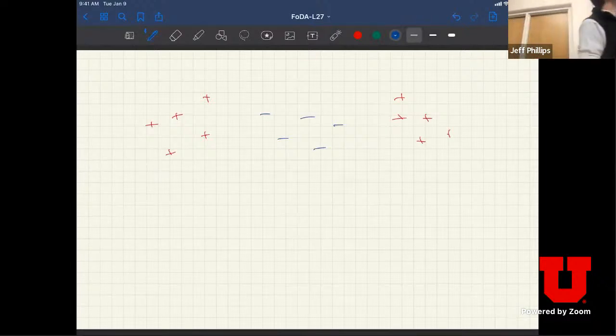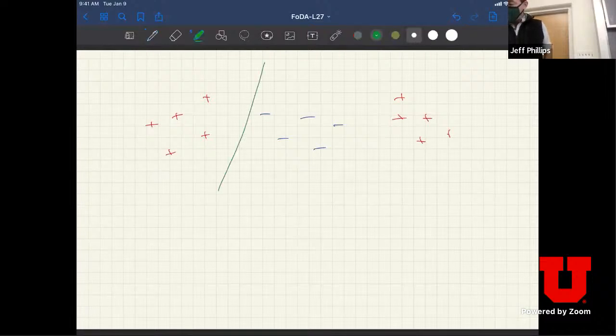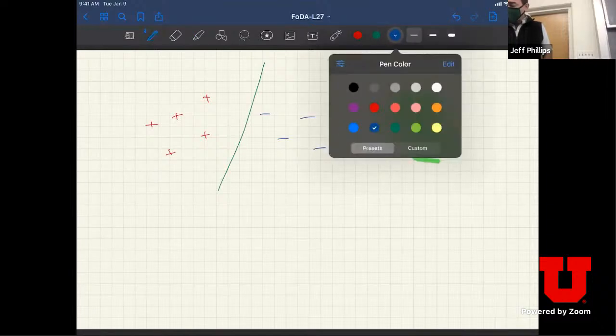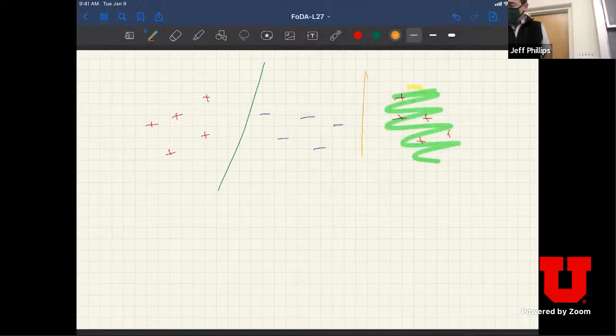I have a data set like this where I cannot find a linear separator that separates the red from the blue points. If I put it over here, then these points over here are a problem. If instead I put it on this side, then these points over here are a problem.